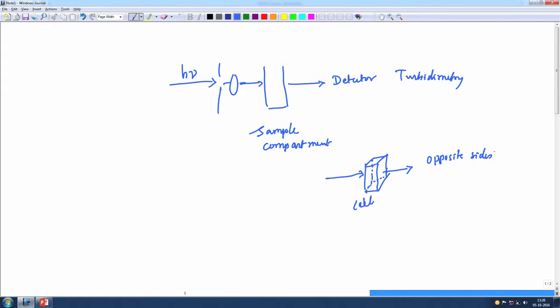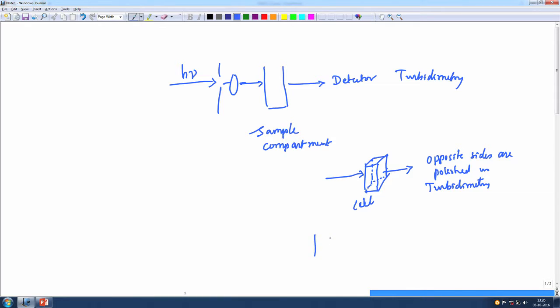Opposite sides are polished in turbidimetry. But in nephelometry, the opposite side is not polished, only one side is polished.